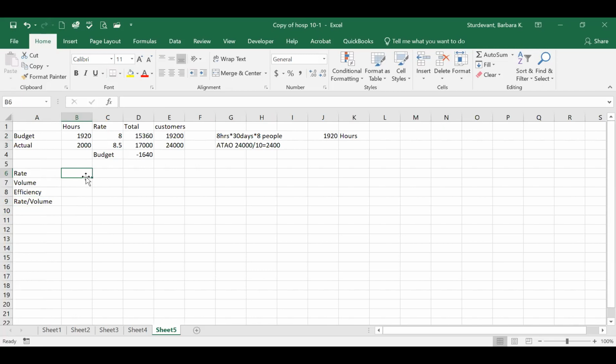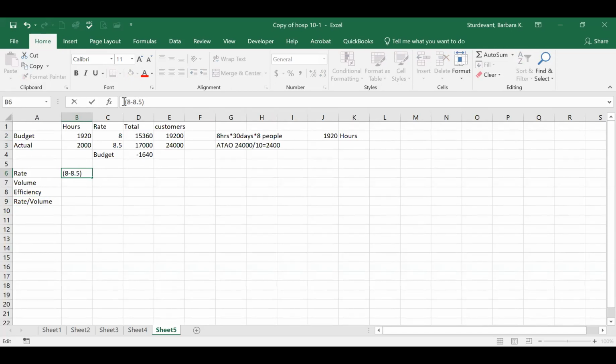Okay, so since it's the rate, inside the parentheses is always going to be the rate. Since this is a cost, we want the budget to be bigger. So in the parentheses, we're going to do the hourly rate. Budget was 8, actual was 8.50.